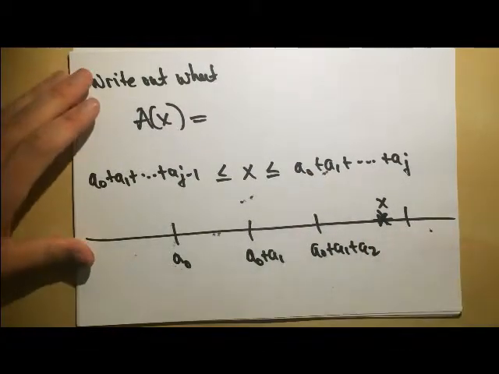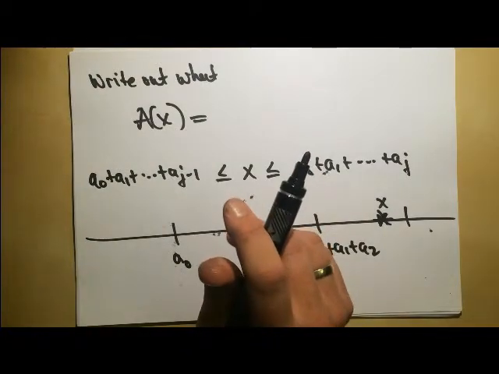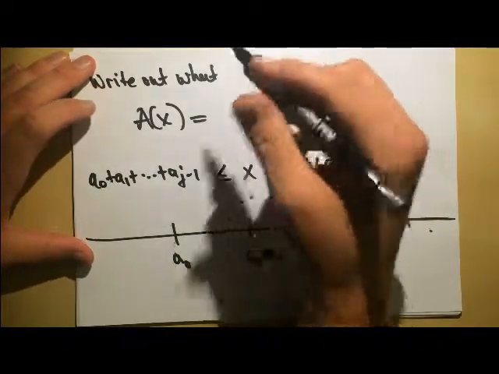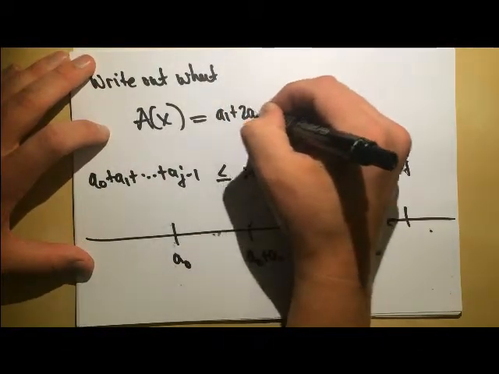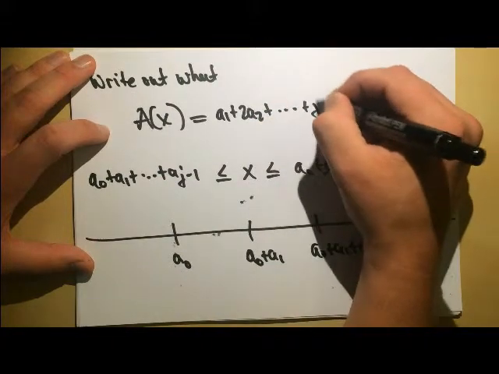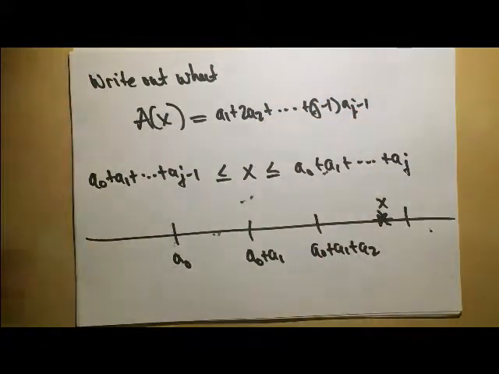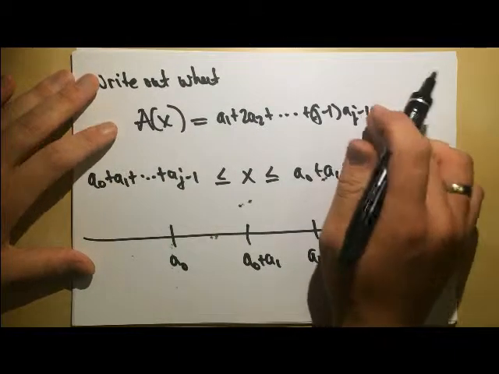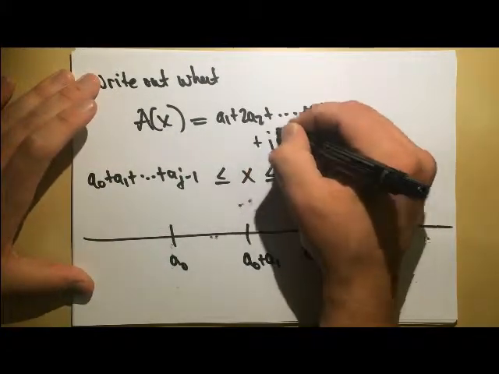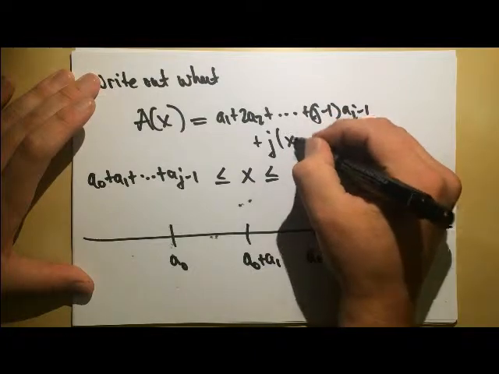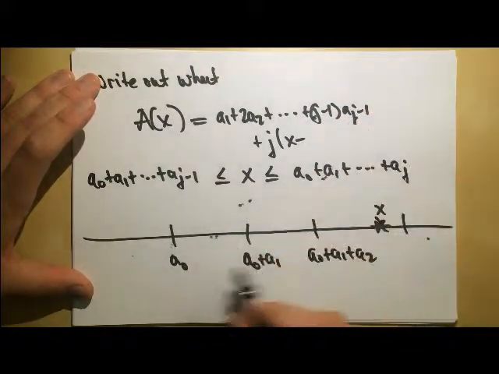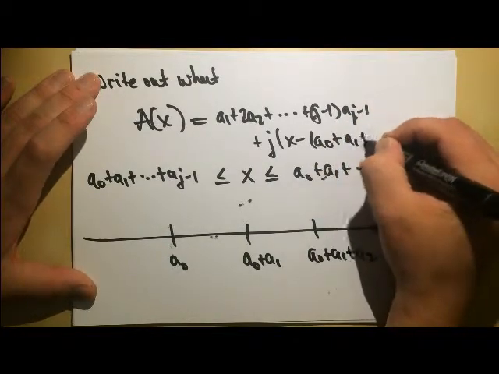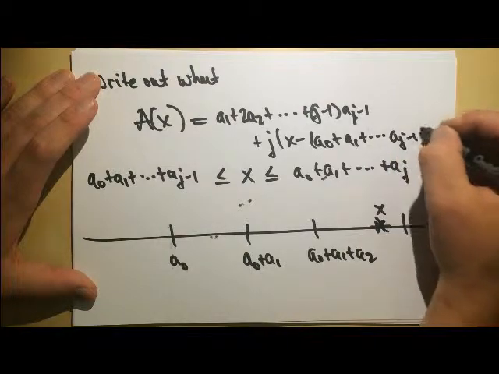So this is going to tell us that it is a1 plus 2a2 plus up to (j minus 1) times a(j-1), plus, and then we have something of slope j, and now we need to take x minus this endpoint, a0 plus a1 all the way up to a(j-1), like so.